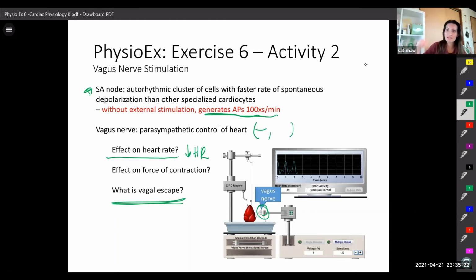Vagal escape, like I said, describes the ability of the sympathetic division as well as the Purkinje fibers to take over, try to escape that control that the vagal nerve, the parasympathetic division, has now over the heart. And so if blood pressure greatly drops because the heartbeat has stopped due to that excessive vagal input, then that drop in blood pressure should then trigger, hopefully, the baroreceptor reflex arc to increase sympathetic response once again.